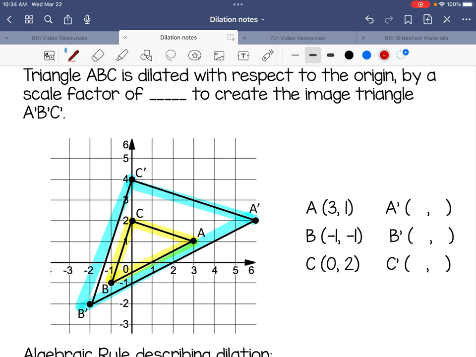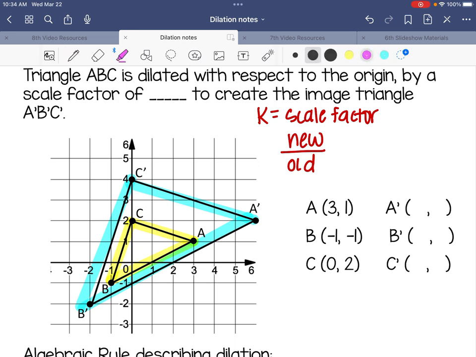And I can find my scale factor, which is k, so k is equal to scale factor. I can always find it by comparing the ratio of the new, so whether that's the new side, the new coordinate, or the new perimeter, to the old. So I'm going to take a look at point C and point C prime.